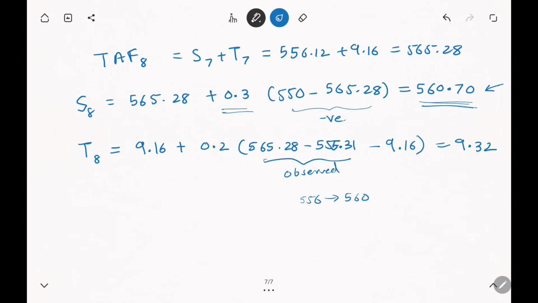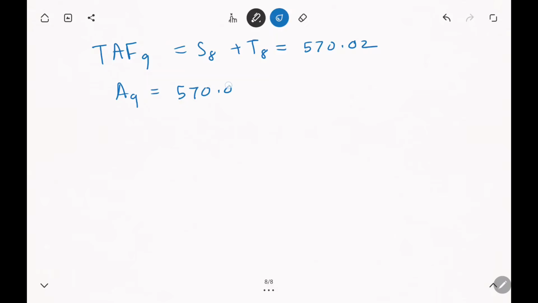Now for time period 9, the trend adjusted forecast at time period 9 is S8 plus T8, which is 570.02, and the actual value is exactly 570, almost perfectly matching the forecast. So this results in an extremely small error, practically zero, meaning our smoothed values are now well aligned with the observed data. So the level update will be almost no change, right?